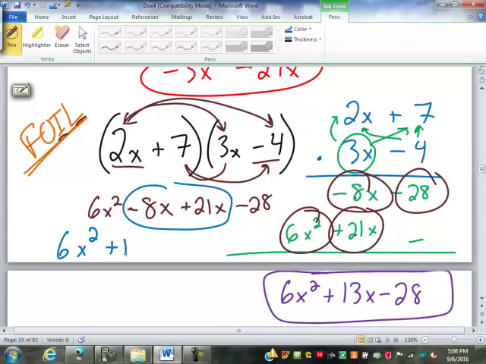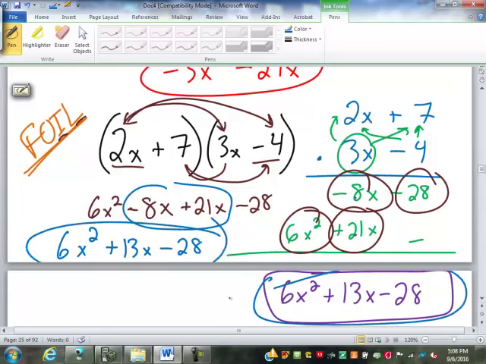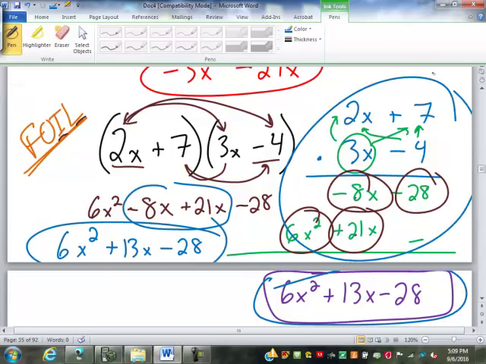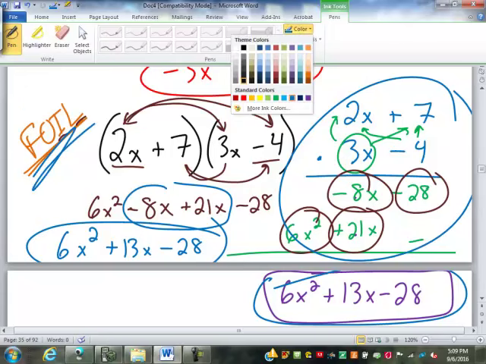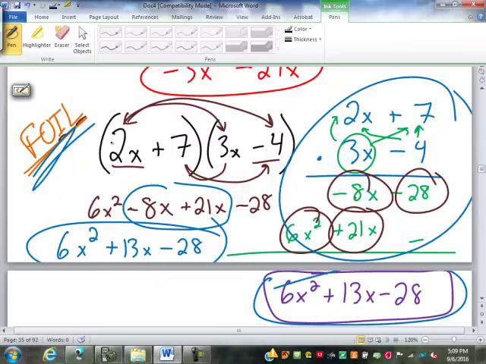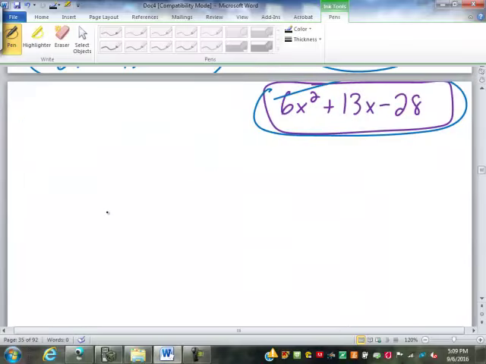Negative 8 and 21 make a positive 13x. We have the negative 28. We get the same answer. It's just that this over here looks more like our whole number multiplication. If you've done FOIL and you're good at it, please feel free to keep doing it. Now the other reason why I don't like FOIL is you can run into problems like this.